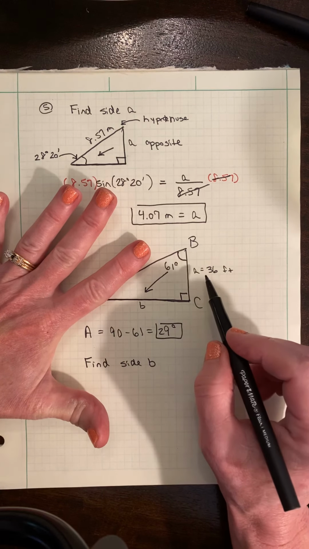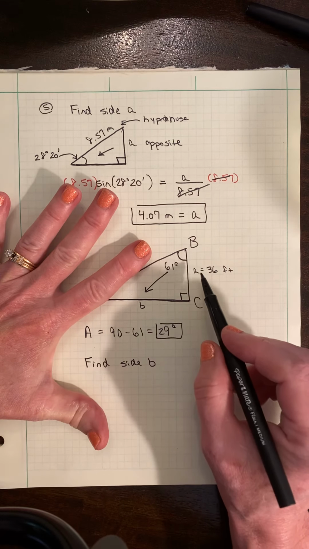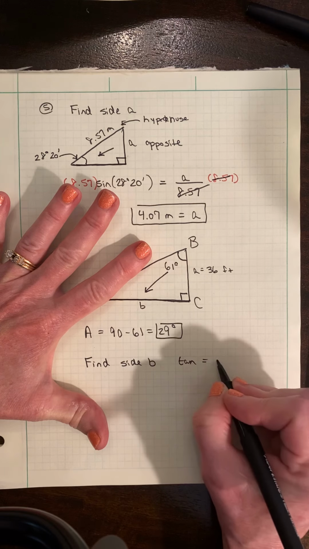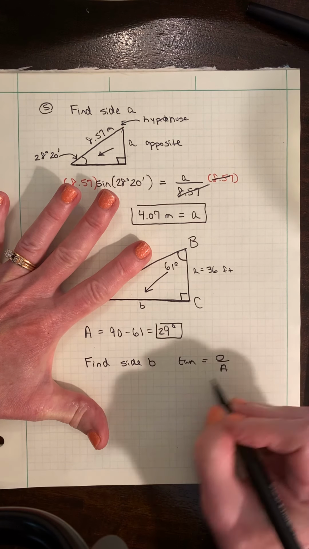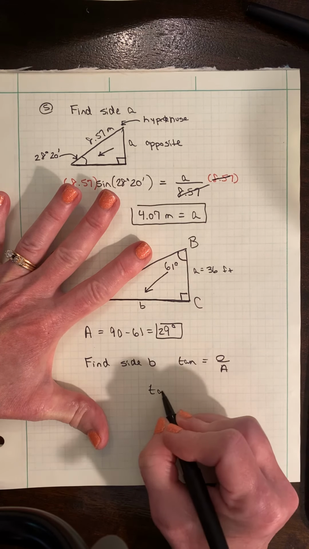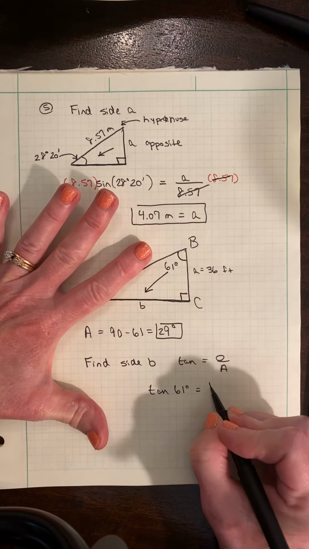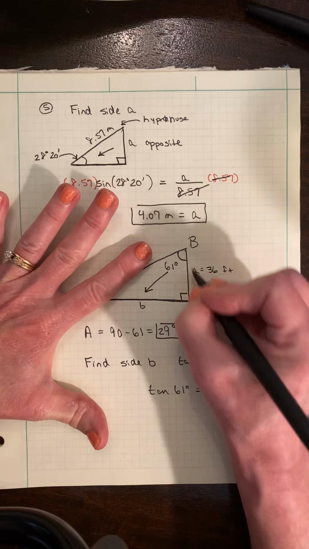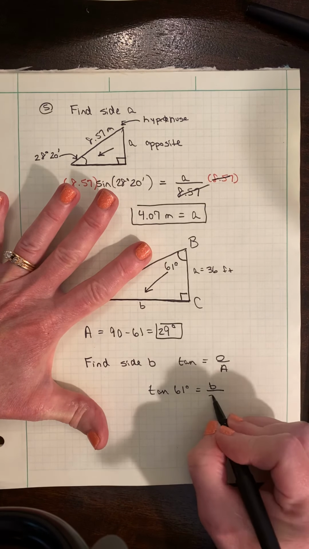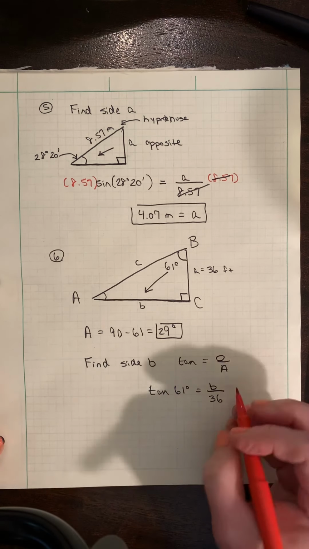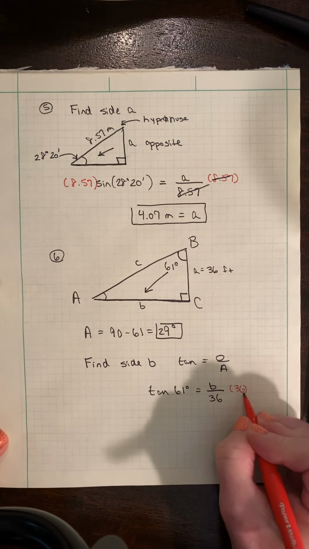The only two pieces of information we have are these two, so we want to use tan, because that is the opposite over adjacent. So the tan of 61 degrees would be the opposite side, which we've labeled little b, over the adjacent side, which is 36, and we'll solve that by multiplying both sides by 36.